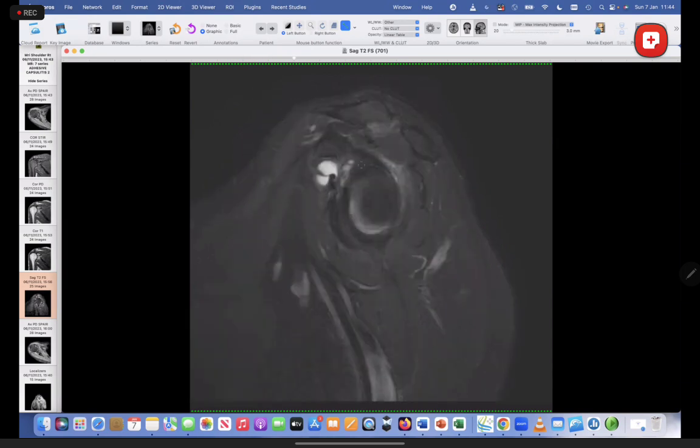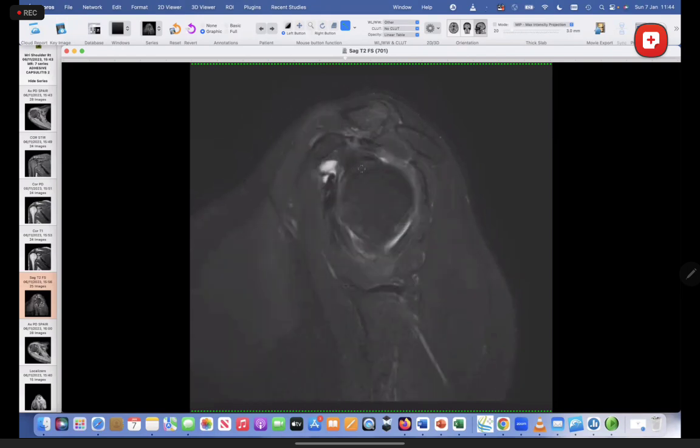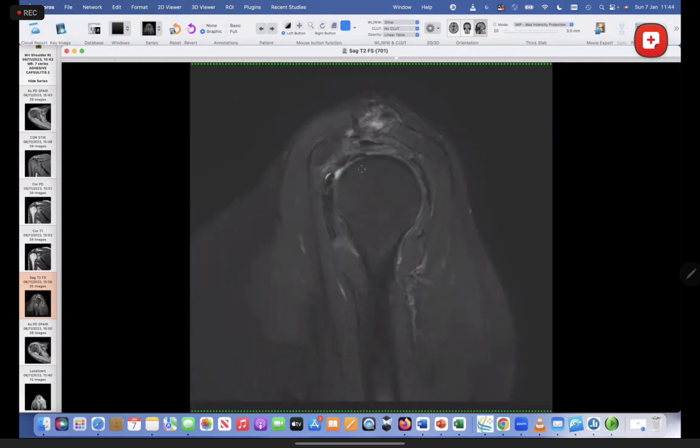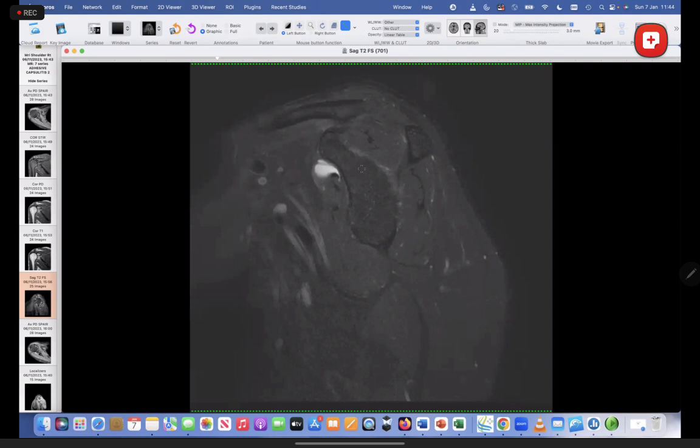So if you go from outside towards the center of the joint, where you see this sort of picture, where you see the Y, if you were to draw a line between the top tip of the acromion and the coracoid, not half, 1/3 of the muscle should be above this line.